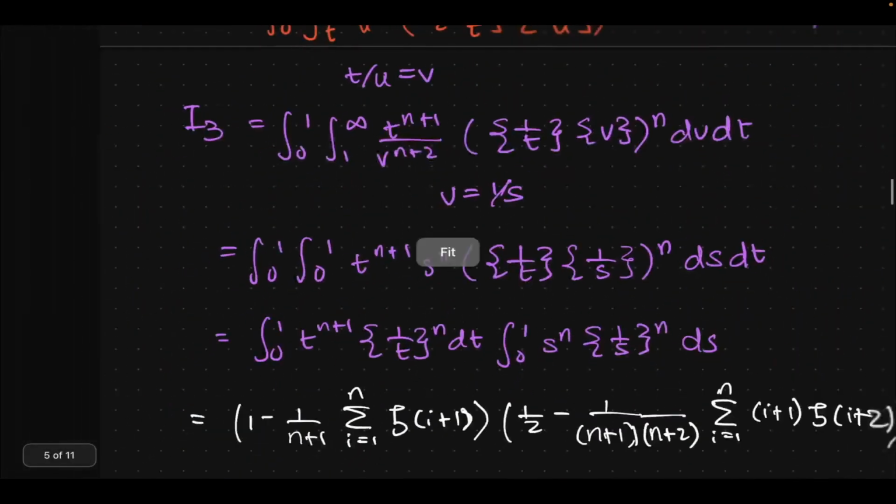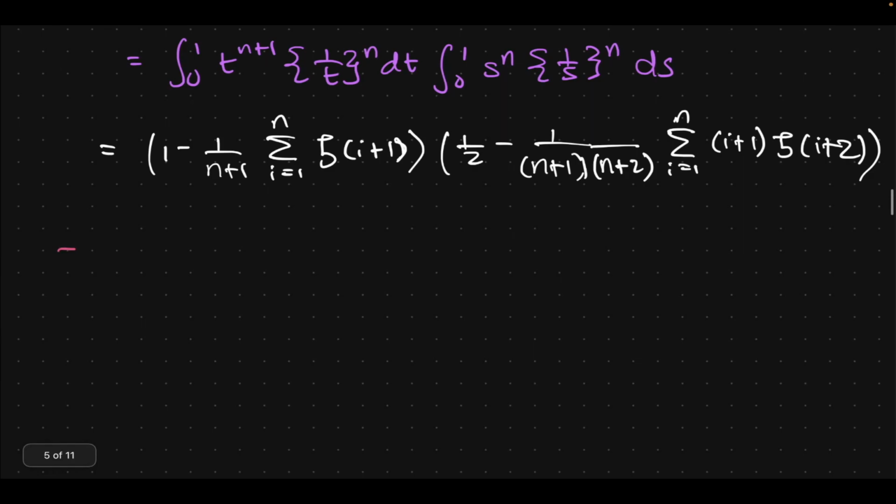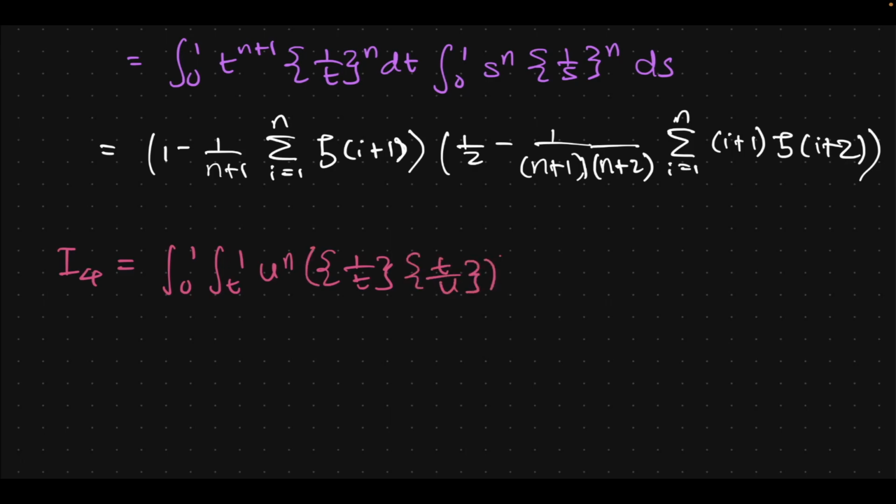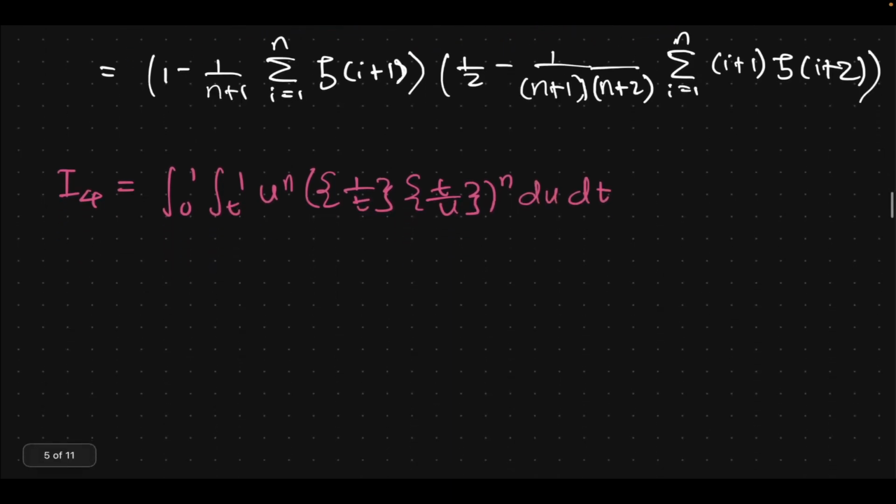Selecting a color again is always a tricky affair. I4 is this creature here. Now notice one thing, that t over u is actually between t and 1, because u goes from t to 1.